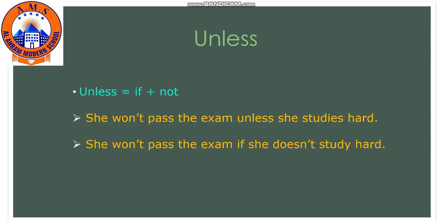So unless equals if plus not. In the first sentence we use unless plus the present simple, and we have won't pass. In the second one, instead of unless, we use if plus doesn't, which is if plus not. So unless equals if plus not.